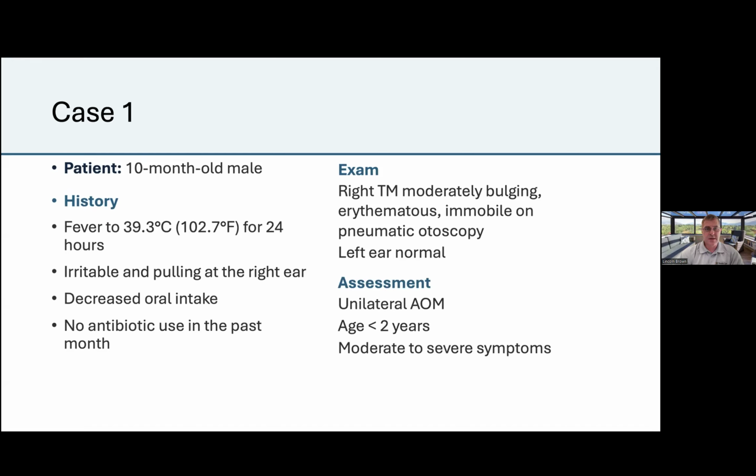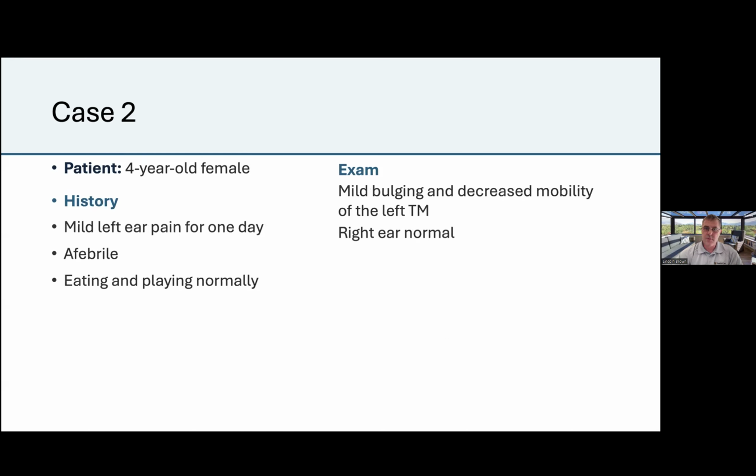But let's compare that with a 4-year-old female, mild left ear pain for a day, afebrile, eating and playing normally, mild bulging of the TM on the left, right ear looks normal. Is this still acute otitis media? And probably no, it's not. Uncomplicated otitis media.